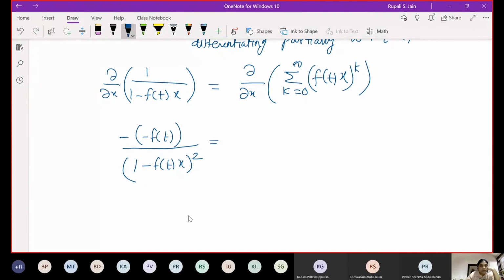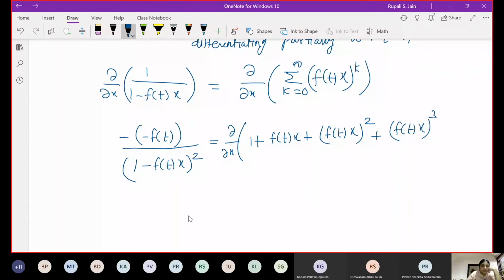First term is 1, plus f(t)x, plus the second term, and so on. What is ∂/∂x?